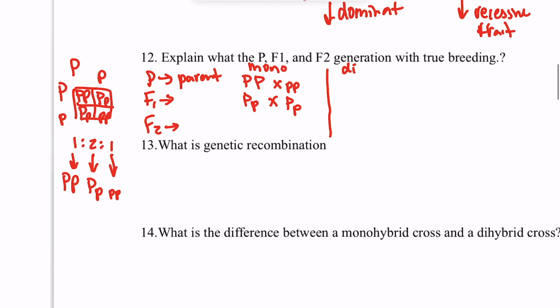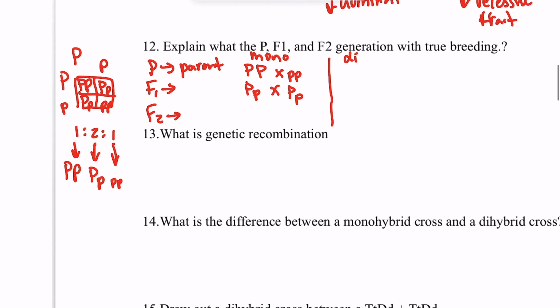If we're looking at phenotype, then we have these three that express the dominant trait. So our phenotypic ratio is 3:1. So for F2, that's going to be 1:2:1 for genotype, and then 3:1, which is for a phenotype.